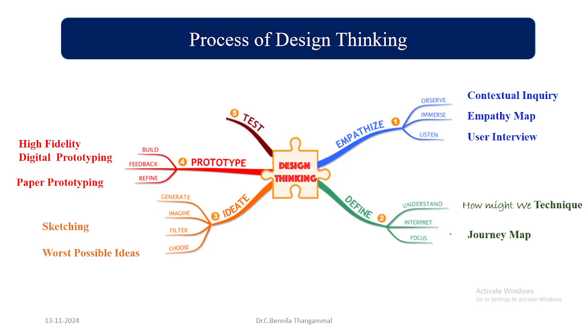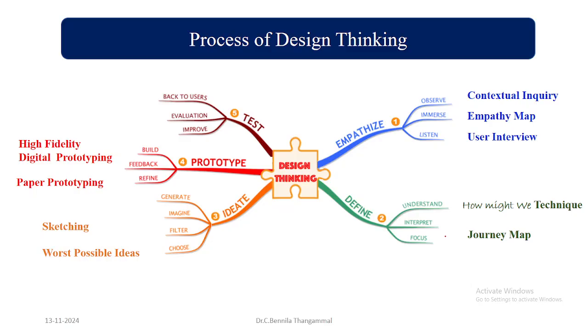And phase 5 is test, where we are going to validate the solution with our target audience. How will we validate our ideas? We are going to get the feedback from the users. We are going to evaluate it, and we have to improve on the details that we get from the prototype phase.